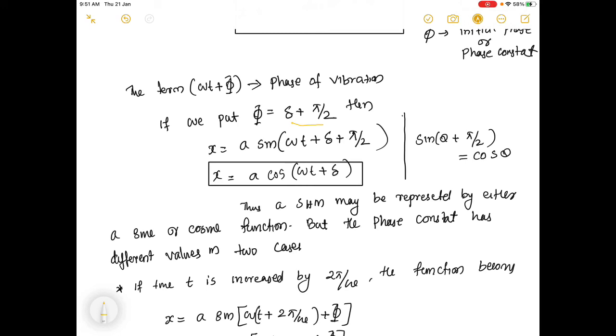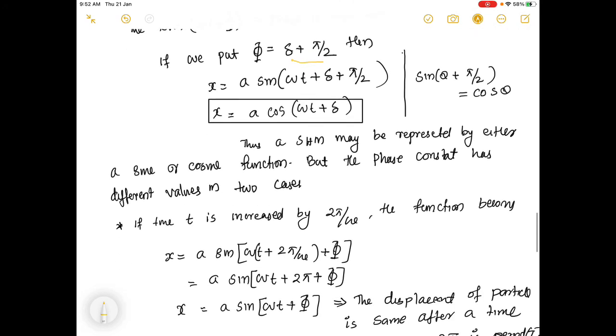The next point I am going to introduce here. Suppose the time t is increased by a value 2 pi by omega. In x equals a sine (omega t plus phi), t changes to t plus 2 pi by omega. Multiplying by omega, the omega outside cancels, so omega t plus 2 pi.